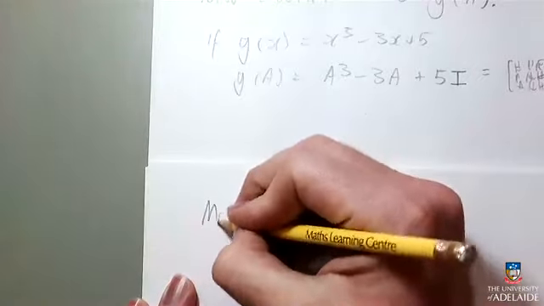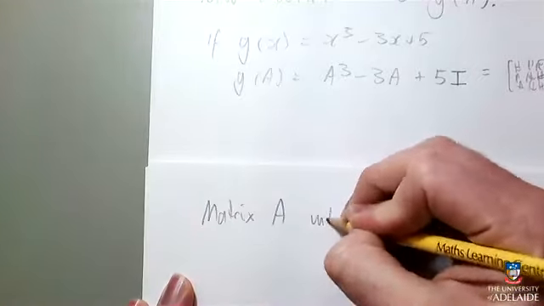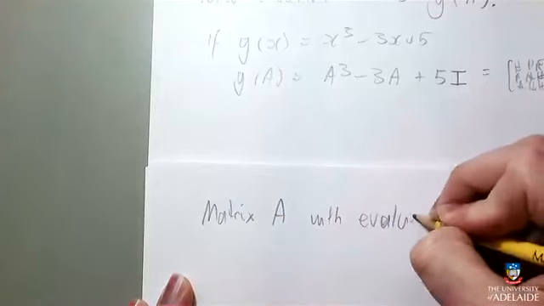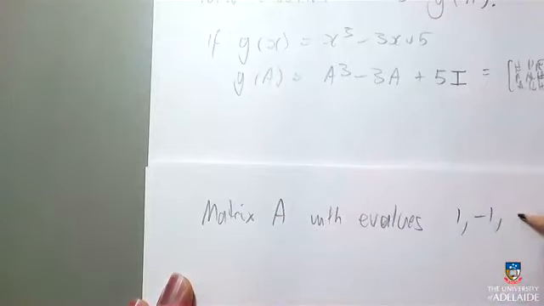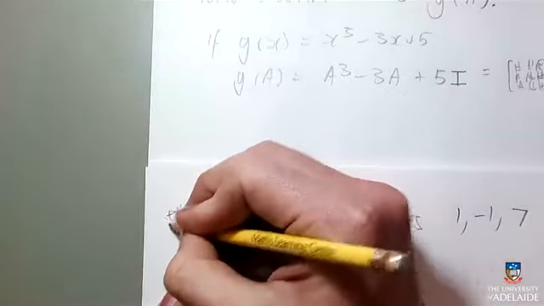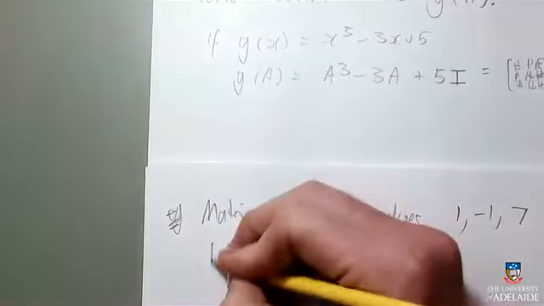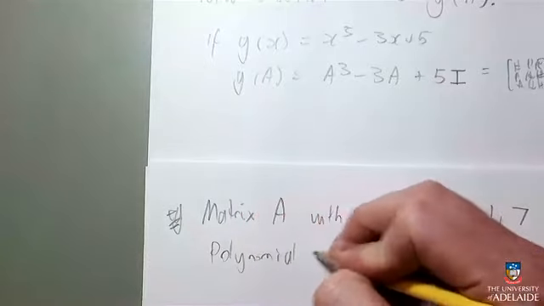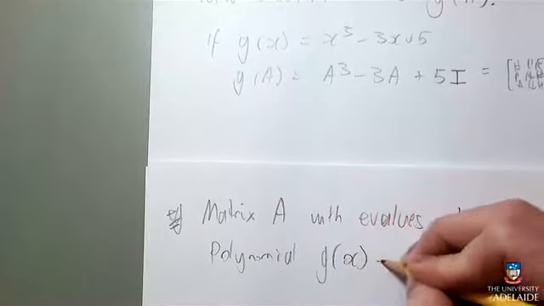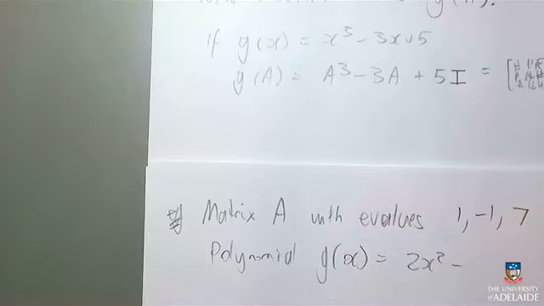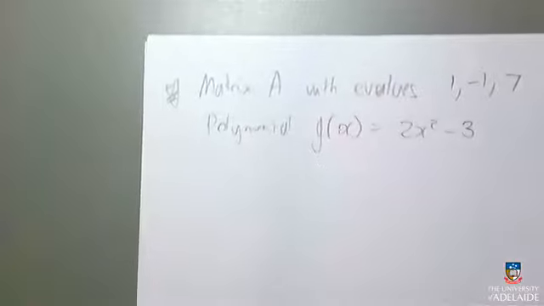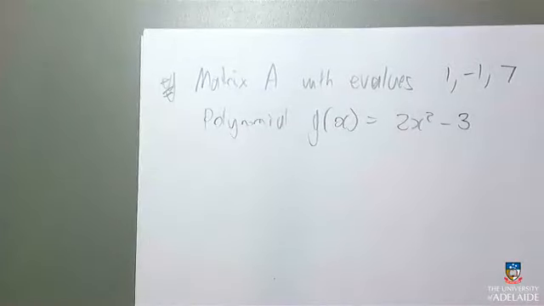If I had a matrix A with eigenvalues, I don't know, 1 and -1 and 7 or something, and I had a polynomial g of x, it's like 2x squared minus three something, then I could try and figure out what the polynomial did to the eigenvalues of the matrix.